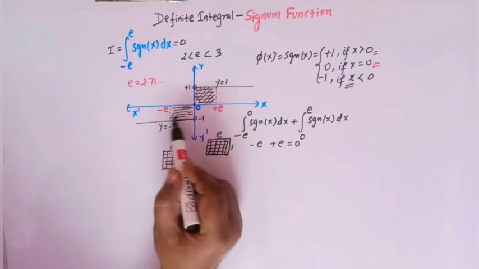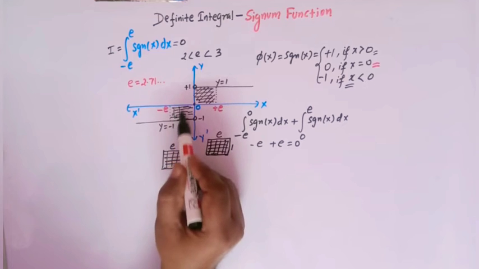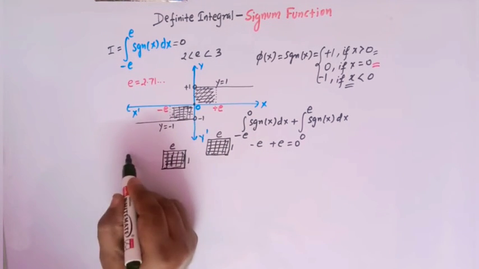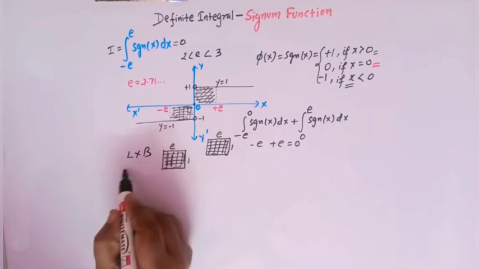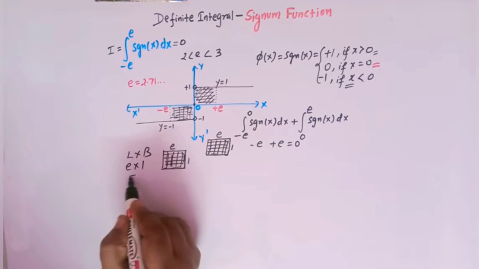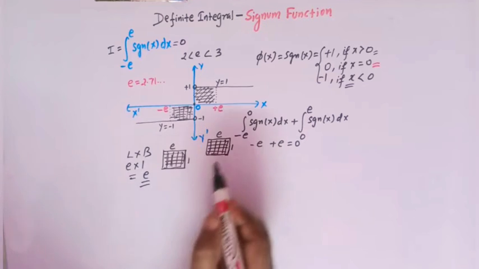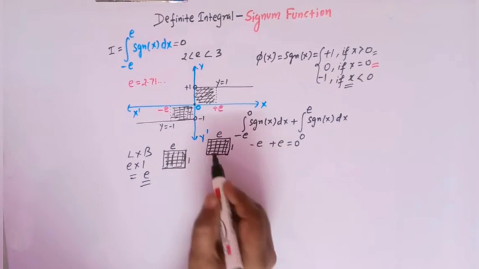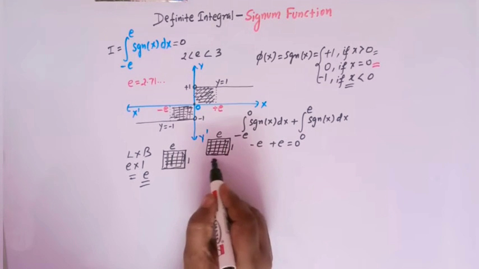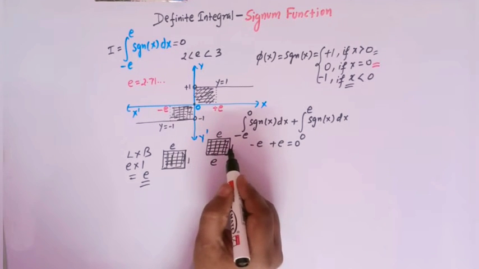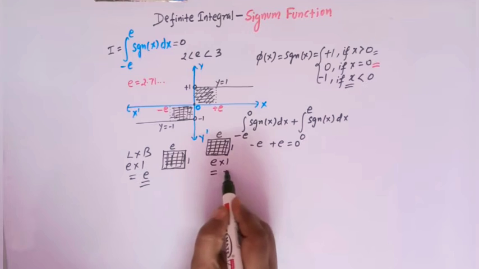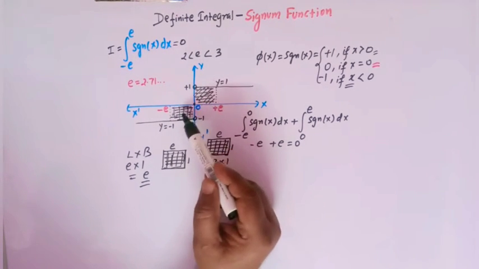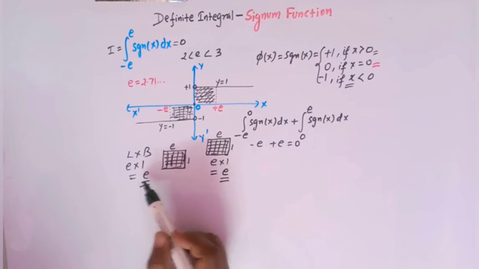So the area of this rectangle is length times breadth, which is e times 1, that is e, right? And the area of this other rectangle is length times width, so this is again e, right? So the numerical value of the two rectangles is e.